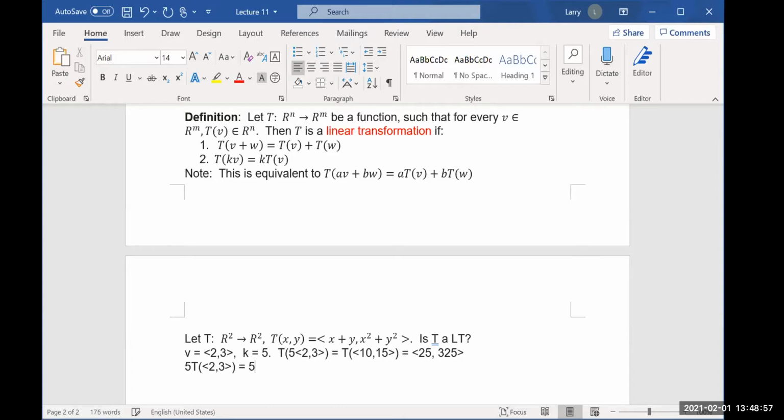Well, that's equal to 5 times T of 2, 3, which is 5, comma, because 2 plus 3 is 5. And then 2 squared plus 3 squared is 4 plus 9 is 13. I can multiply the 5 through and I get 25. So the first one worked, right? But the second one is 65. And that's not equal to 25, 325.